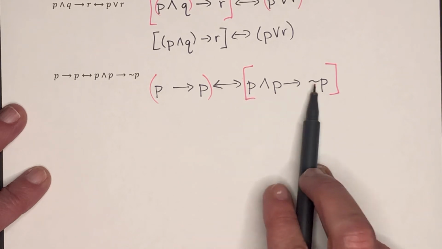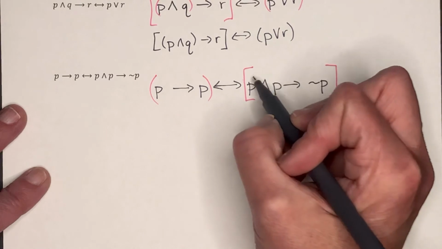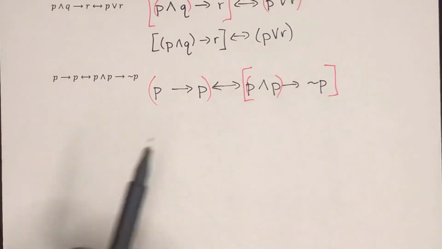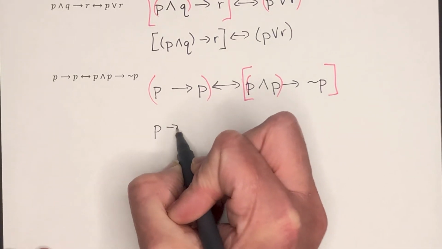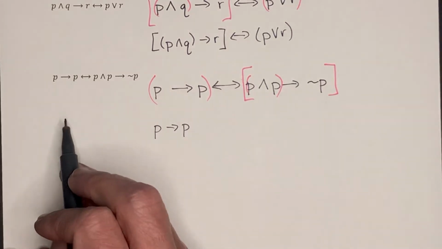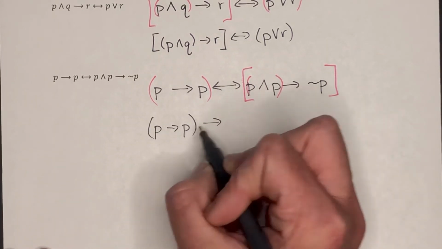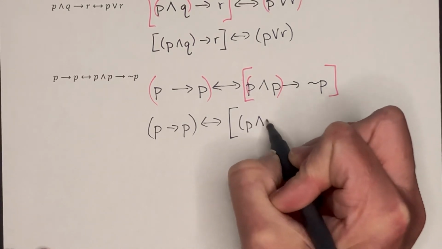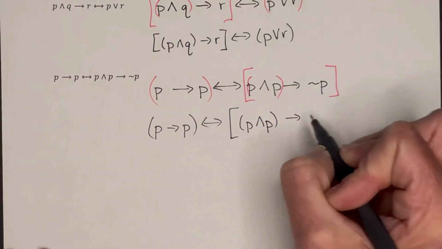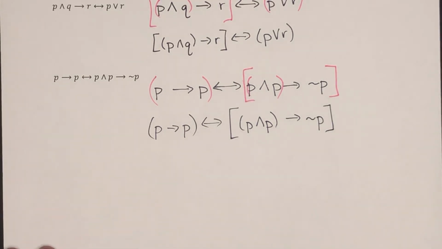And here we have a conditional, which means each side gets grouped together. So these two go together, and then that's simply not P. So I have if P, then P, if and only if P and P goes to not P. And that is the end of section 3.2.